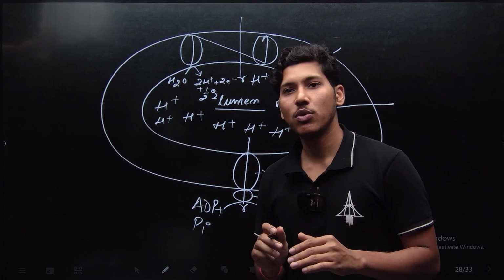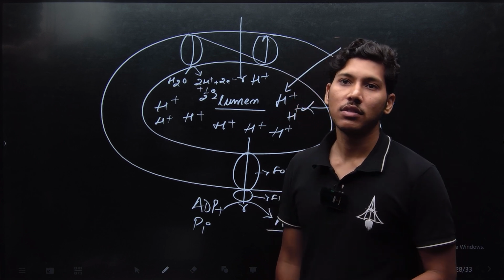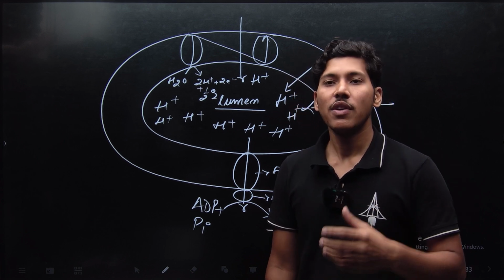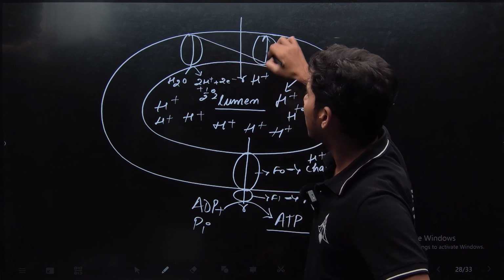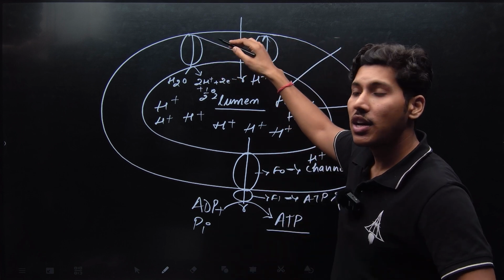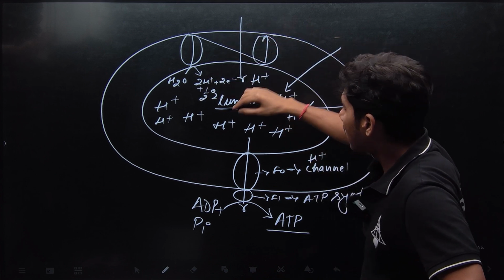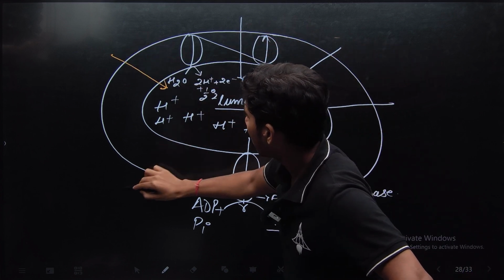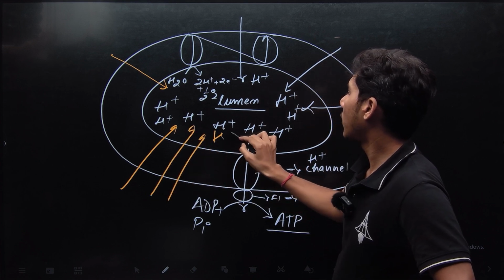ATP is actually produced by breaking the proton gradient, which is created by the transfer of electrons. The electrons are transferred in different photosystems, and due to those transfers, protons are continuously transferred from the stroma to the lumen of the thylakoid.